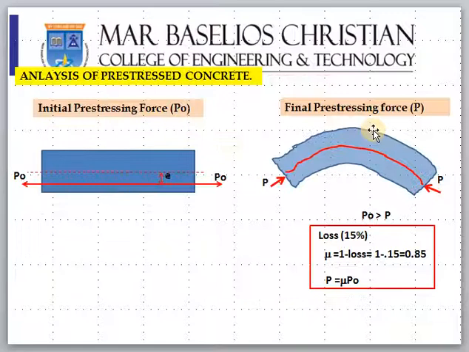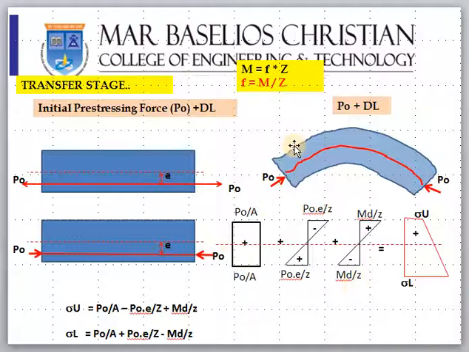Now this is what I have discussed before: initial prestressing force and final prestressing force. We denote them as P0 and P. P0 will always be greater than P actually, right? This I discussed already. Now see the situation.